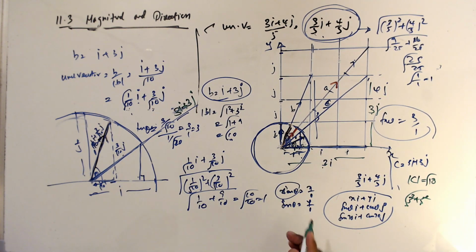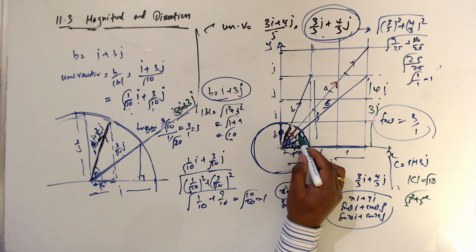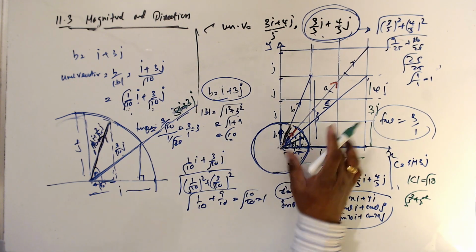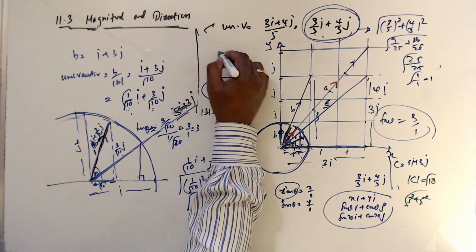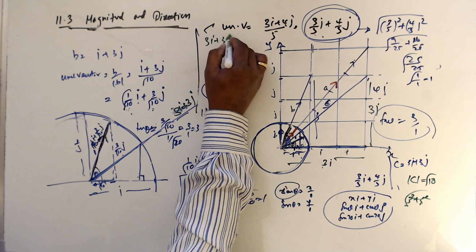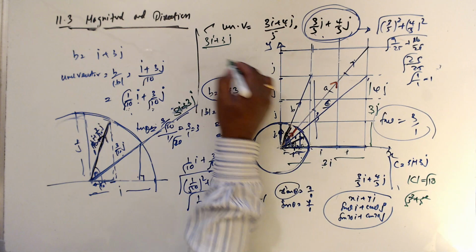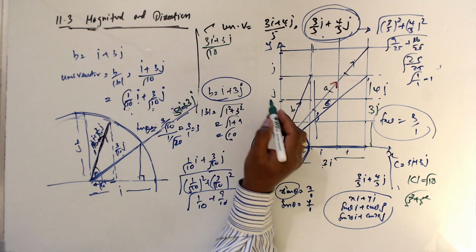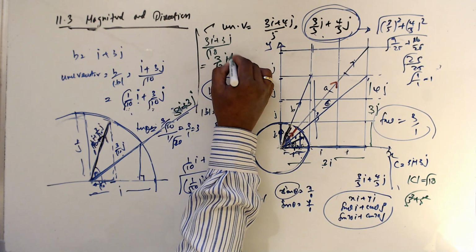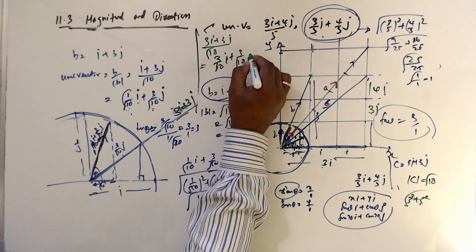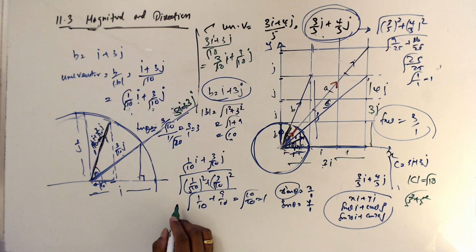Now how do you find the unit vector? We have to divide this vector 3i plus 3j by square root 18. Then we will get the answer 3 over square root 18 i plus 3 over square root 18 j. What is the meaning of that?